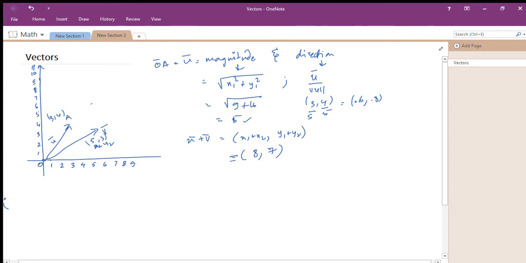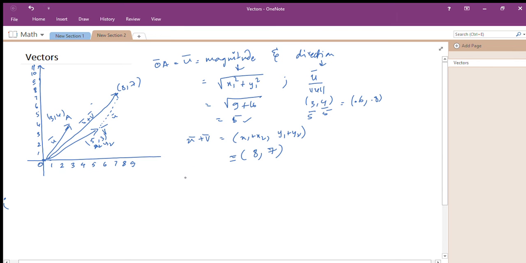So this is your u bar plus v bar, and if you see 8 comma 7, so 8 is here and 7 is here, so it is somewhere over here. So this is your new vector. If I just drew a line from here to here, this is your 8 comma 7, and this is your new vector u bar plus v bar. And if you just drew this u here, since it's a parallel vector over here, you could just represent u by the parallel vector u bar, and you see that it is u bar plus v bar.